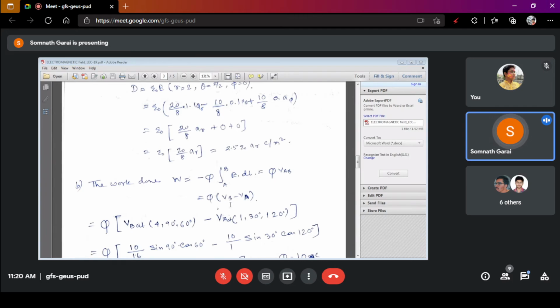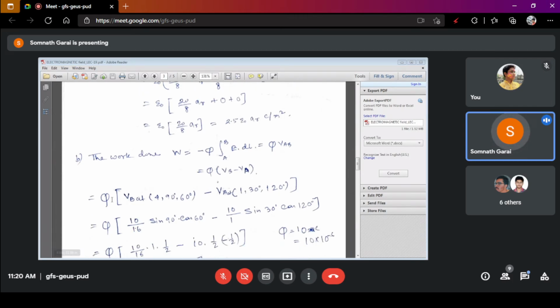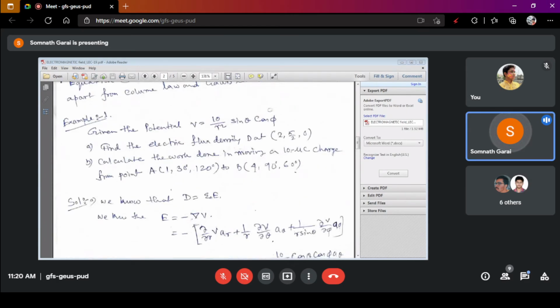the potential at point B minus the potential at point A. Now Q into V, at which point? Point B, whose vector location is 4, 90, 60, and A, whose vector location is 1, 30, minus 120.